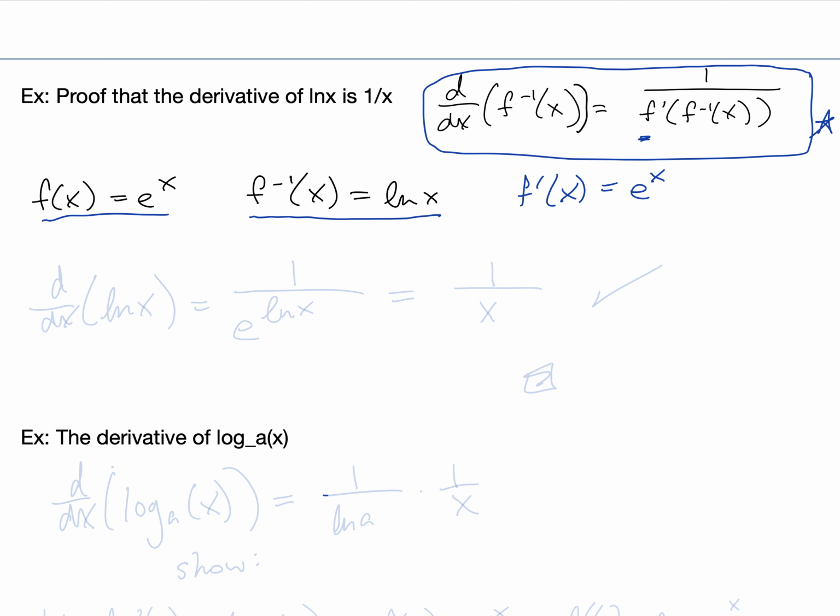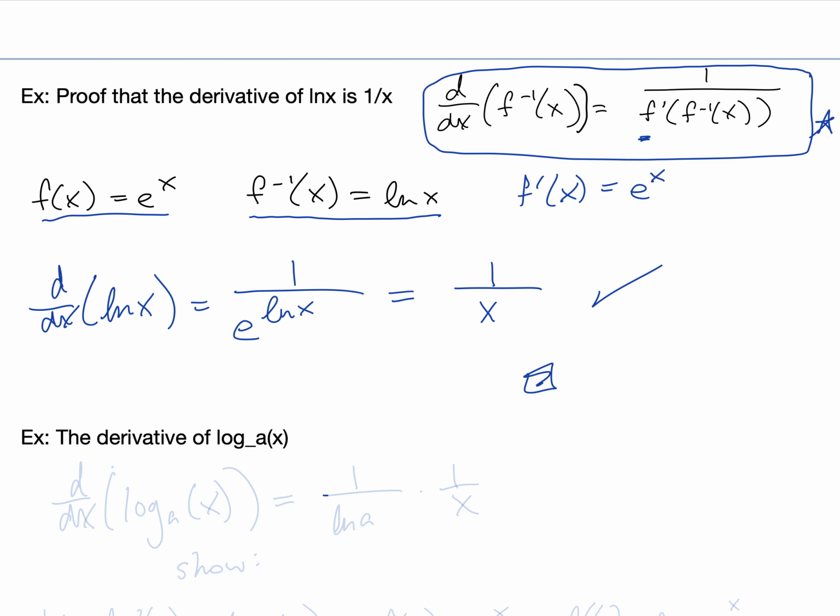So now, according to the inverse function theorem, the derivative with respect to x of natural log of x is 1 over f prime of f inverse of x, that is e to the natural log of x. So that is 1 over e to the natural log of x. Well, those are inverse functions, they just cancel each other out, so that's 1 over x. So we have shown that the derivative with respect to x of natural log of x is 1 over x.